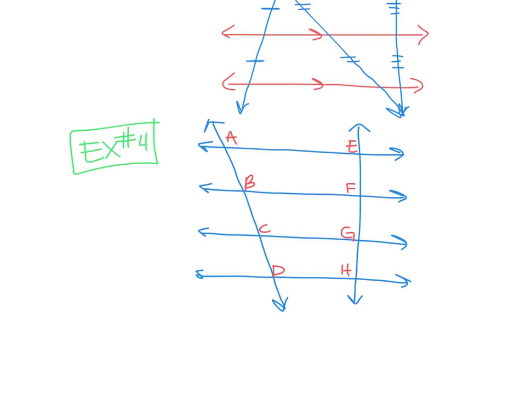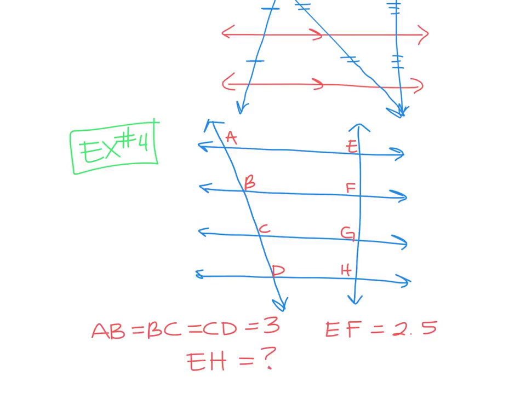This is what we know. If I tell you AB equals BC, which equals CD, which is a length of 3, and then I tell you EF is 2.5, I want to know the length of EH.